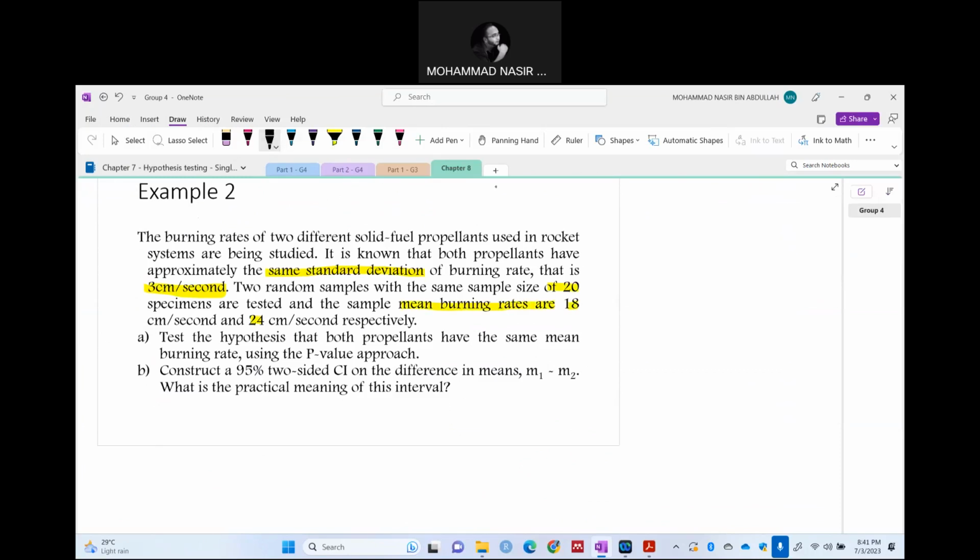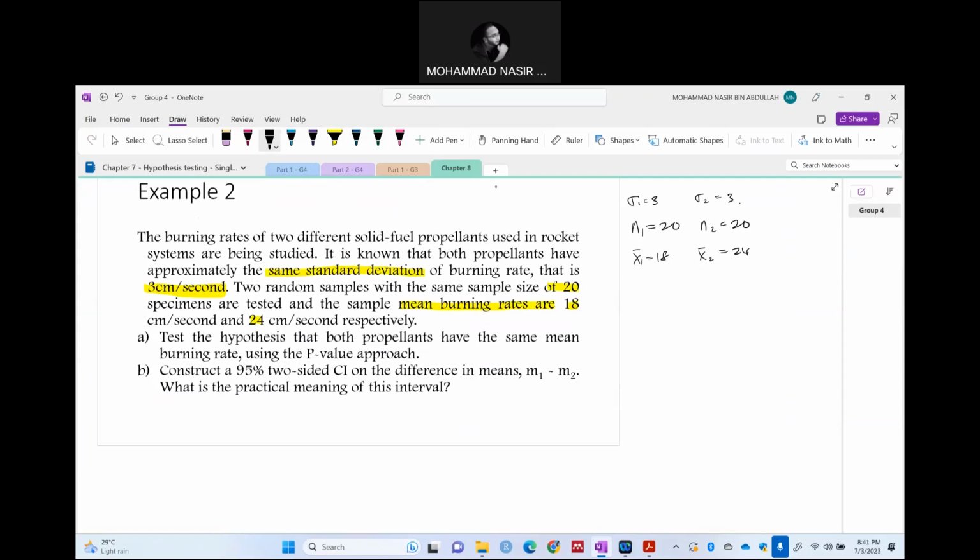So in this case, we have n1 equal to 20 and n2 also equal to 20, and then we have x bar 1 equal to 18, x bar 2 equal to 24, and standard deviation 1 equal to 3, standard deviation 2 equal to 3. Right?